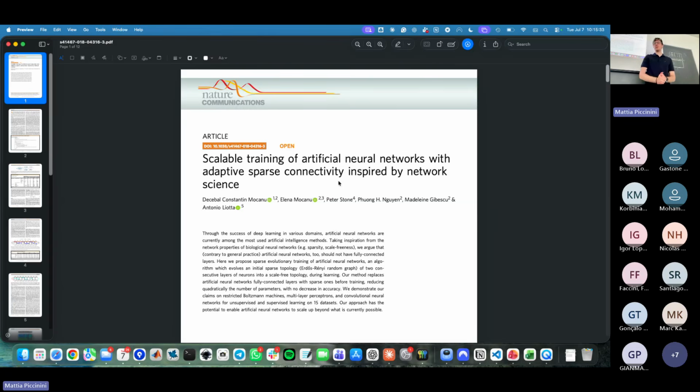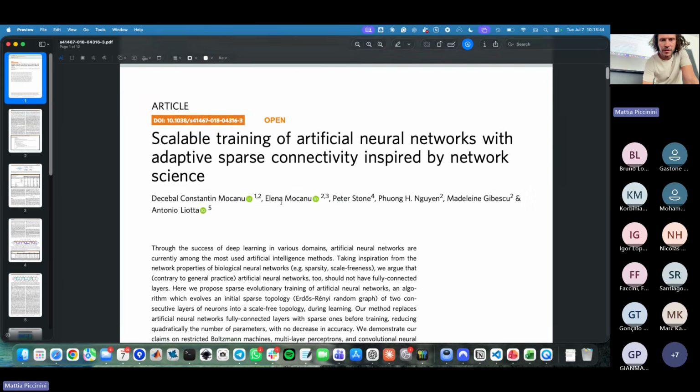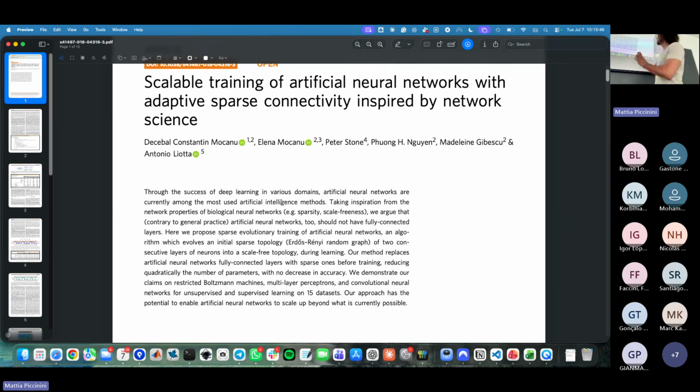To restart, maybe following up on what we were saying before, there is a work in Nature Science Communication that I like, where they argued that, contrary to general purpose artificial intelligence, a network should not have fully connected layers.